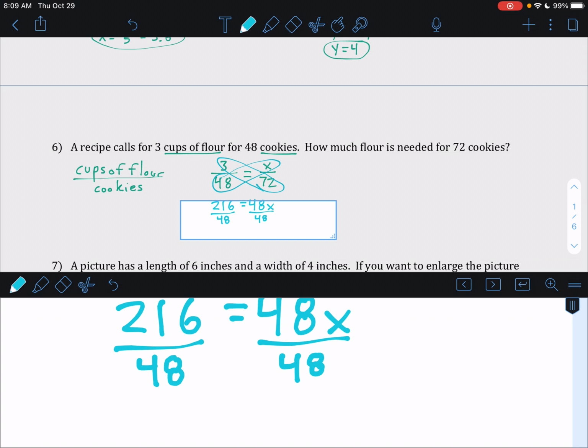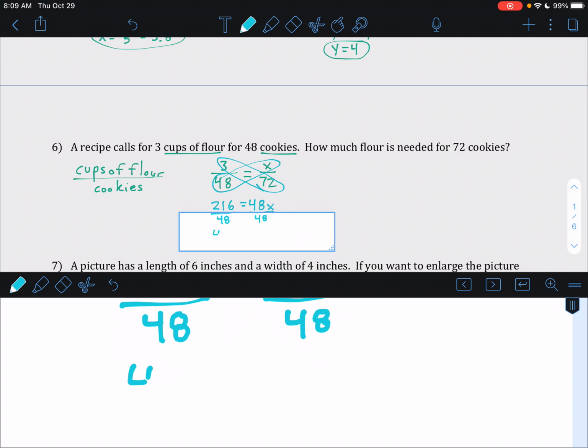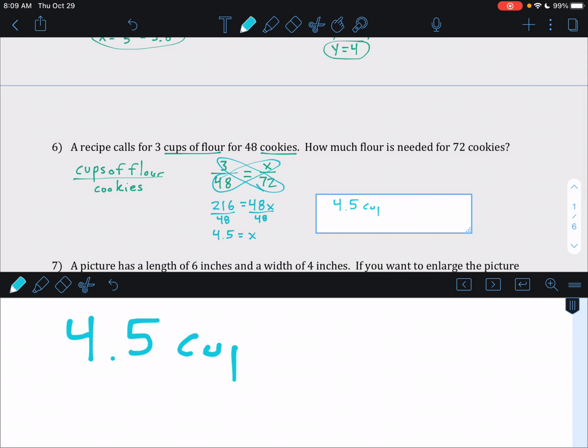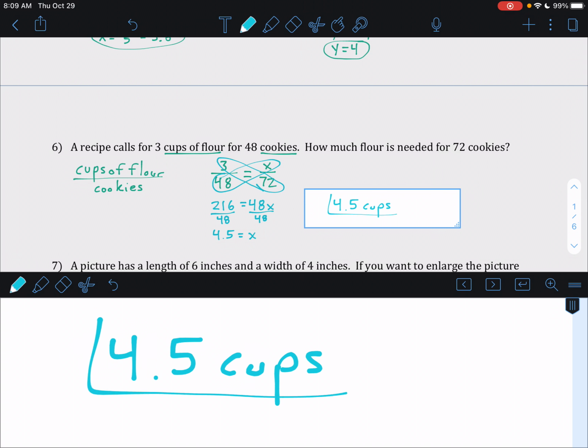And that's going to give me 4.5 equals x. So the question was how much flour is needed for 72 cookies. So I would say 4.5 cups. And that would be my answer. You do not need to answer this in a complete sentence, but since this is a word problem, I would like to see some units.